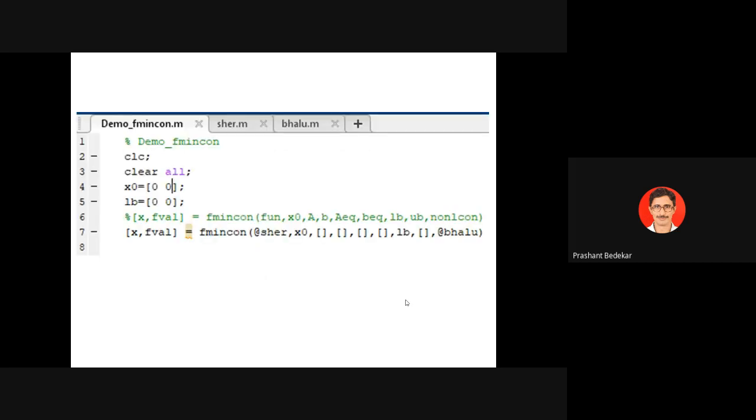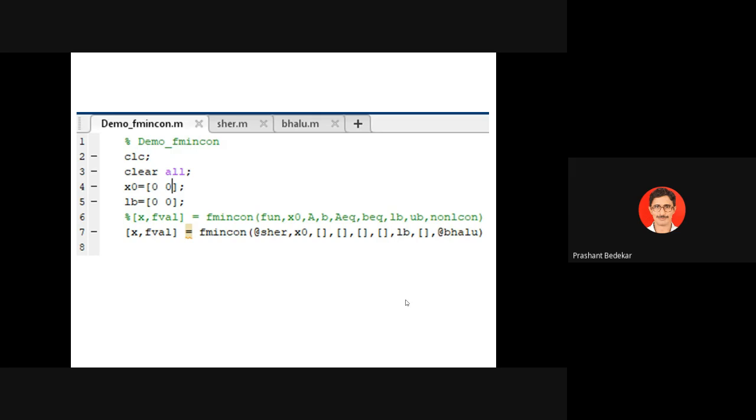So last is nonlcon, meaning a file which will contain nonlinear constraints. I have decided that the file name will be Bhalu. The file name which will contain the objective function is share, and the file name which will contain the nonlinear constraint is Bhalu. So @Bhalu.